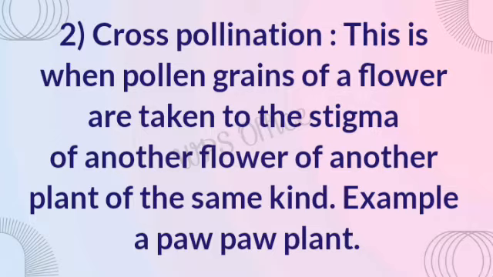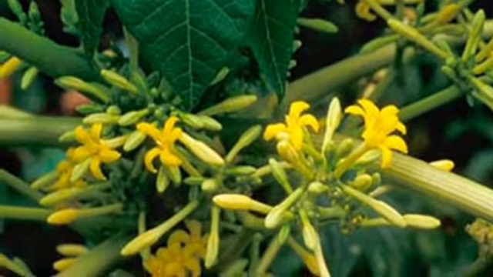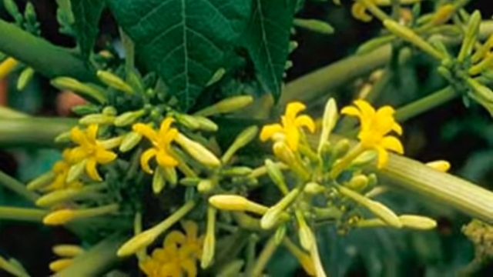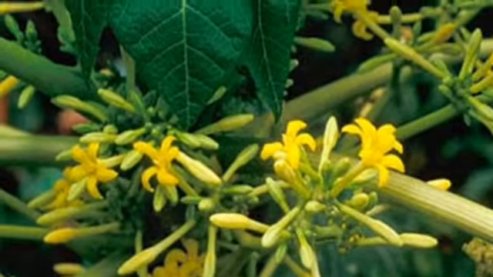The pollen grains are taken from a flower to the stigma of a different flower of the same kind. Example, a pawpaw plant. Next, this is a picture showing the pollination of a pawpaw plant.